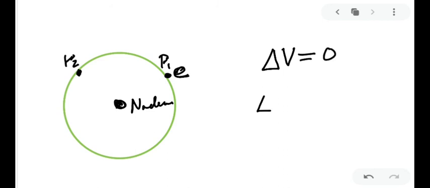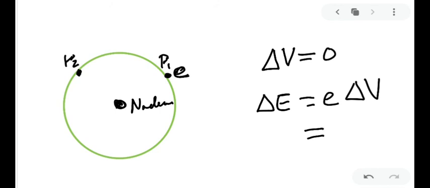If the potential difference is 0, the energy to move the electron from P1 to P2 will be E times delta V, and since delta V is 0, the energy required will be 0. So there will be no energy required to move the electron on that first spherical shell.